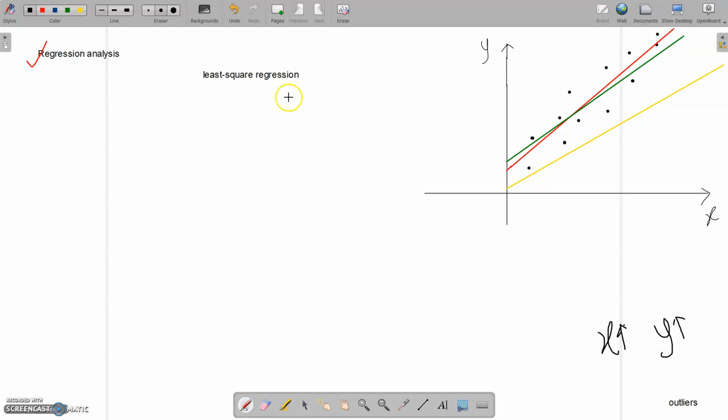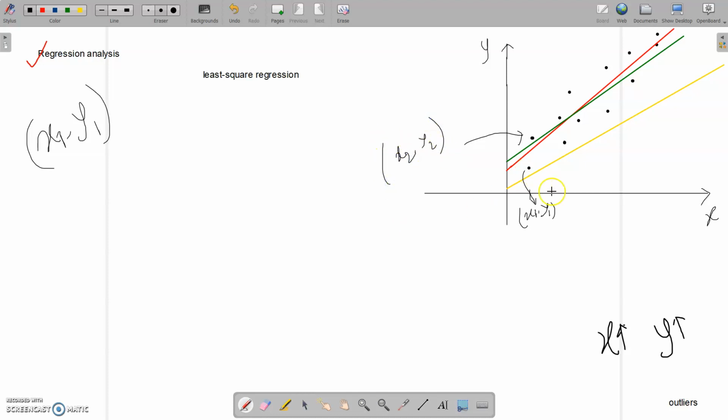Now, least square regression. Here you can see, say for example I have one point, say this one, x1 and y1. This is the first point, and this one is a little further, so let's name it x2 and y2.